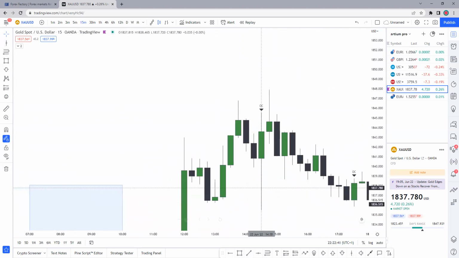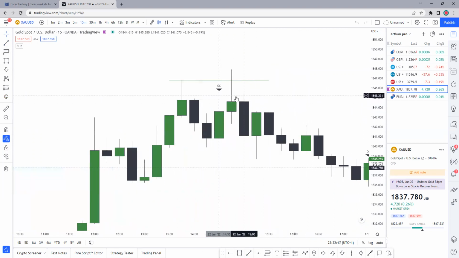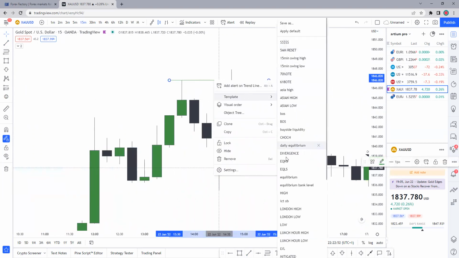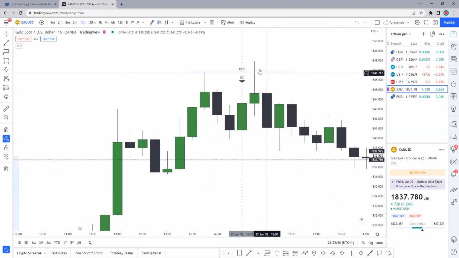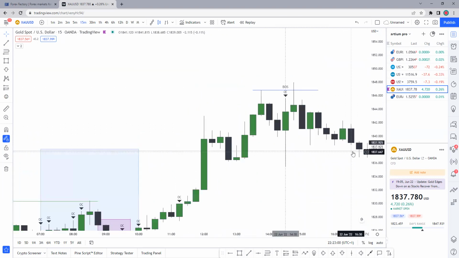We took out this high. So we swept the high. So it was a break of structure because we're swinging to new structure, but rejected after this outside candle.